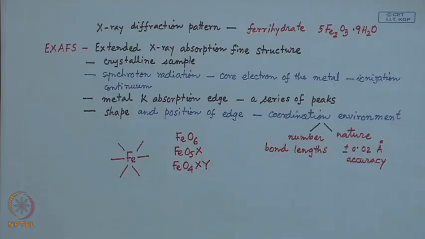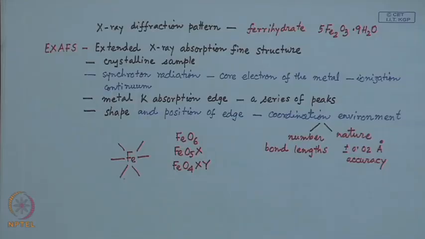If we can match the corresponding bond distances related to your iron oxygen bond, if we can determine by this XAFS technique the corresponding bond lengths Fe-X and Fe-Y, then we can find out that these particular centers can have a different geometry or different orientation of all these groups.